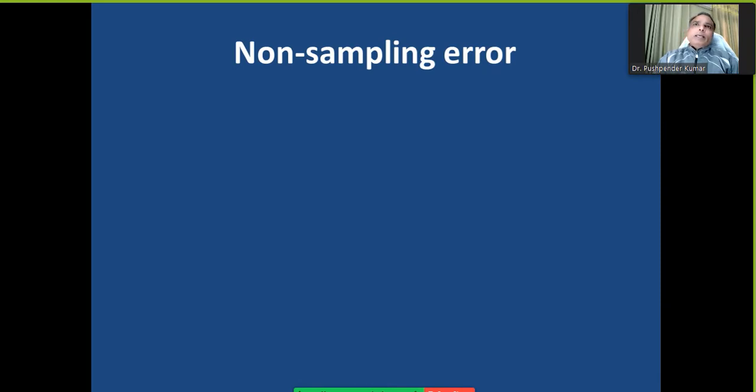Sampling means you are working on a few people. These few people would be a representative of the whole population, and when you give an outcome, you assume that you are talking about the whole population.